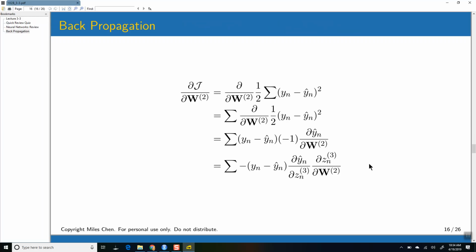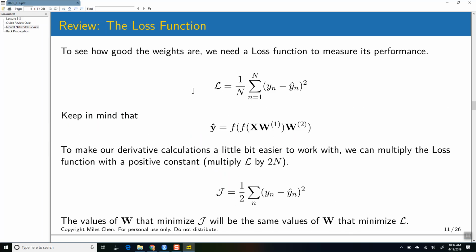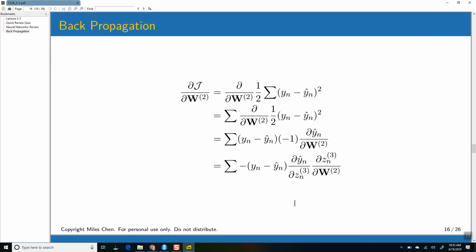Okay, so we're going to start off here. All the way back here, we've got this function J to be 1/2 times the sum of the squared difference between the y_n's and the y_n hats.